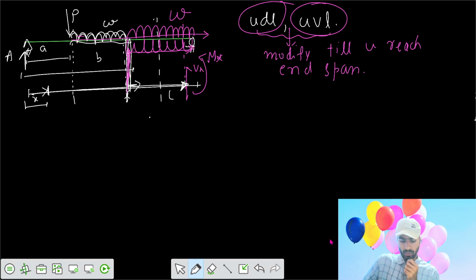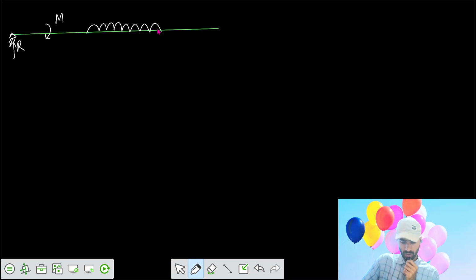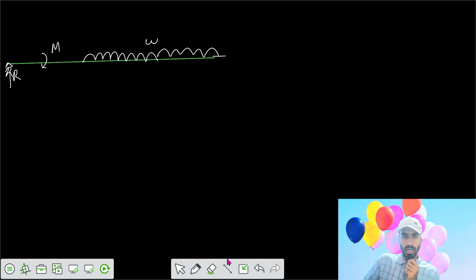So we would say you got a question, that let's say you got a reaction here, reaction R. Then after that you got a concentrated moment M. Then after that you got a UDL of W, and you also got that this UDL is also like this one.